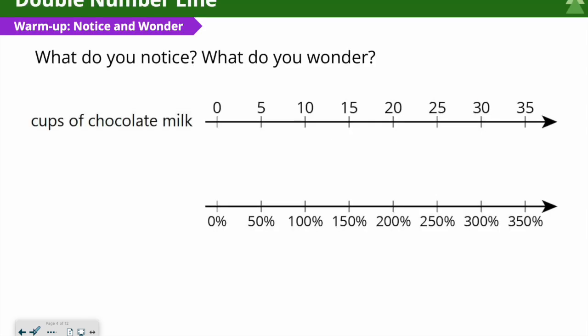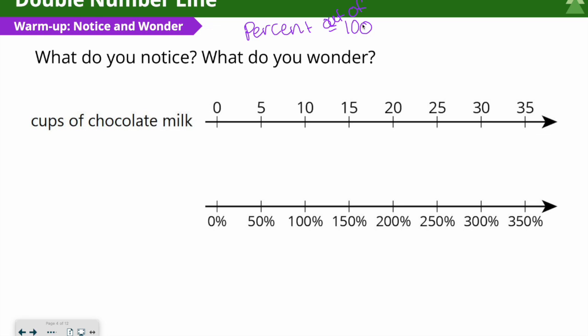Then we went to double number lines, and some of you may have worked with double number lines last year in 6th grade. And remember, the word percent means out of 100. And what did we notice? Well, we have a number line that has chocolate milk. We have a number line that has percents.